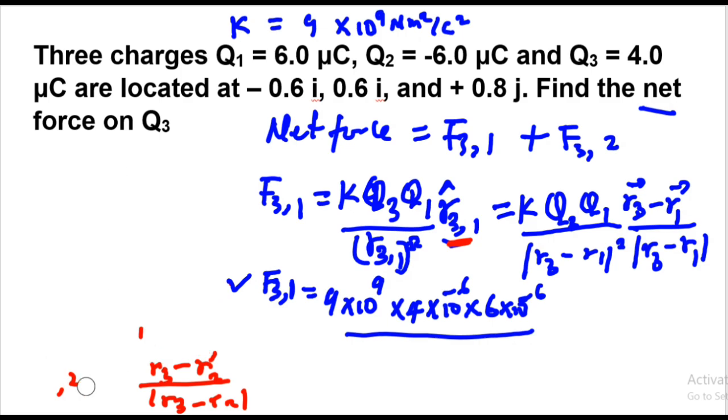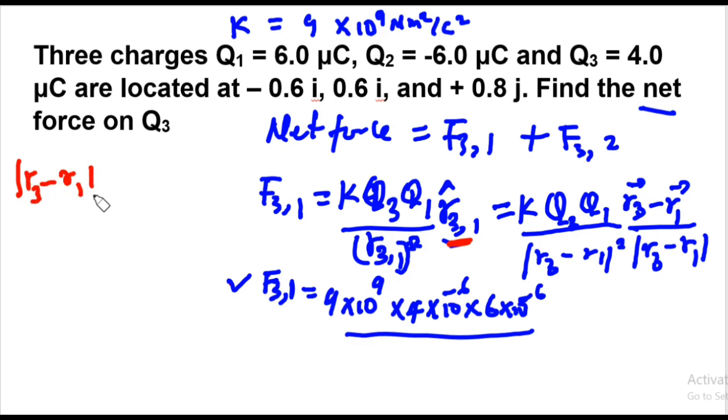So we want to find this magnitude, R3 minus R1, which gives us the distance between charge Q3 and charge Q1. R31 will be a magnitude of 0.8 plus 0.6.